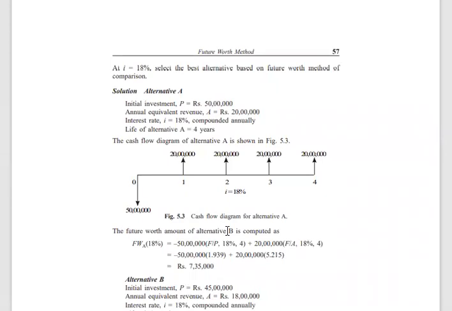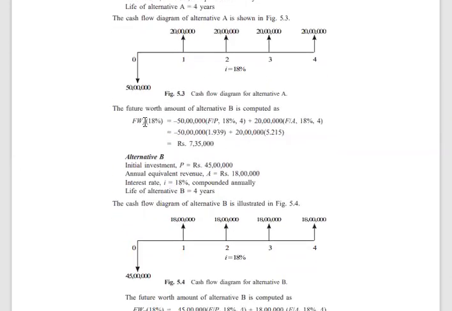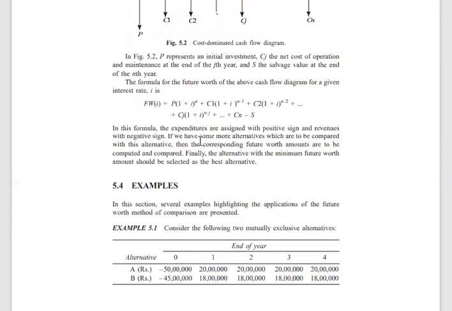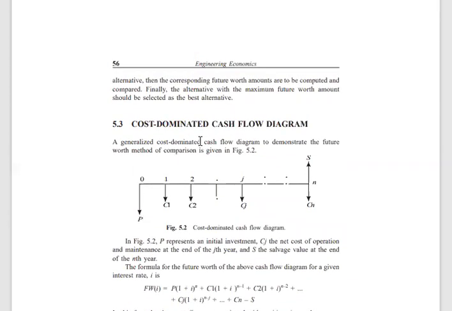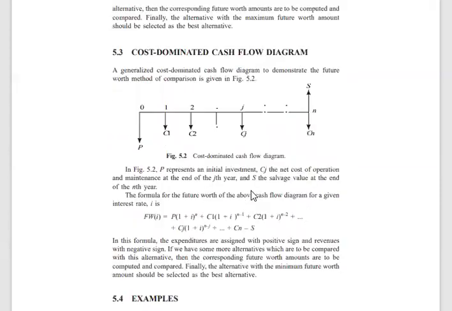So we have the future worth amount of alternative A computed as follows. We know the formula, so you can substitute it.